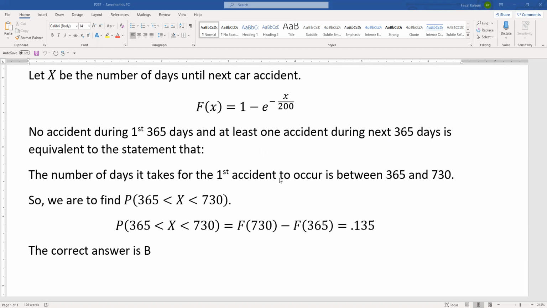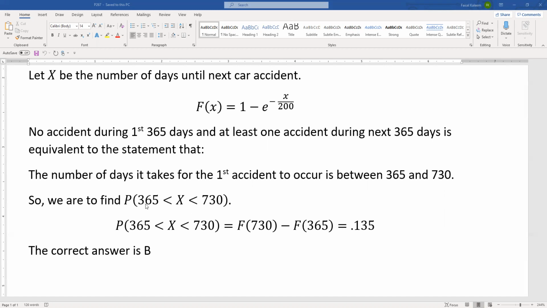And if you take the second statement, that the number of days it takes for the first accident to occur is between 365 and 730, it means no accident happened between 0 and 365, because the first accident happened somewhere between 365 and 730. And since the first accident happened between 365 and 730, at least one accident happened between 365 and 730. And so everything that this statement is saying implies the first statement.